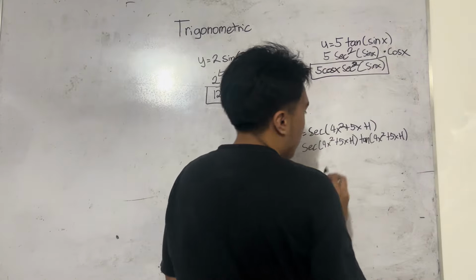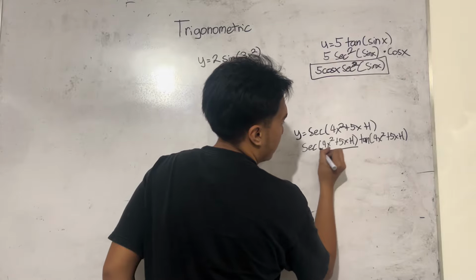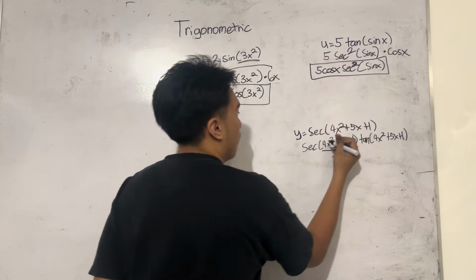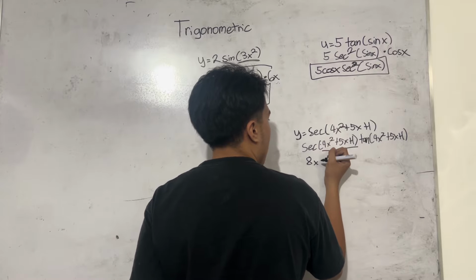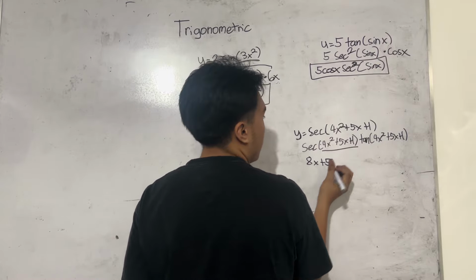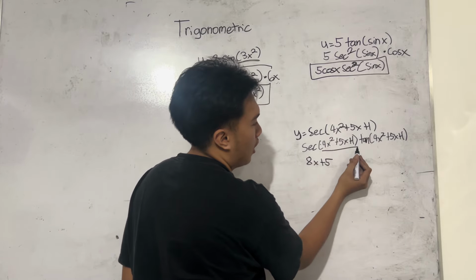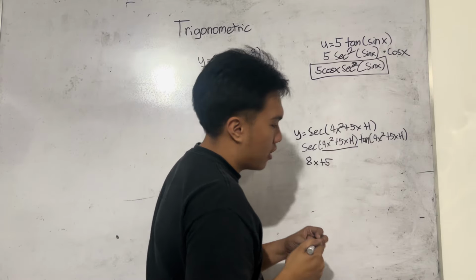Now, let's find the derivative of what's inside the parenthesis. 4 times 2 gives us 8x plus 5. Yes, that is our derivative.